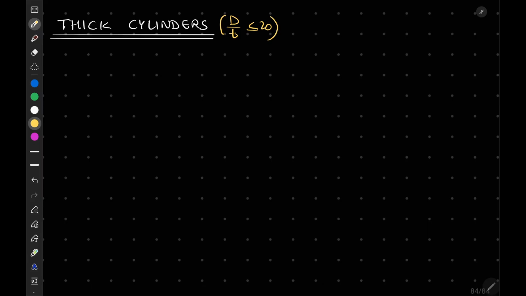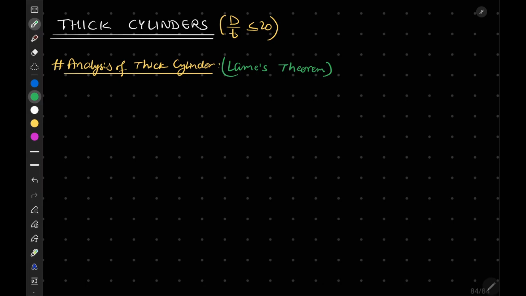Now the analysis of a thick cylinder is done using Lame's theorem. But before analysis, let's look into what the different stresses acting in thick cylinders are.